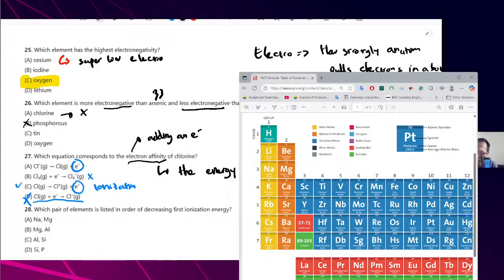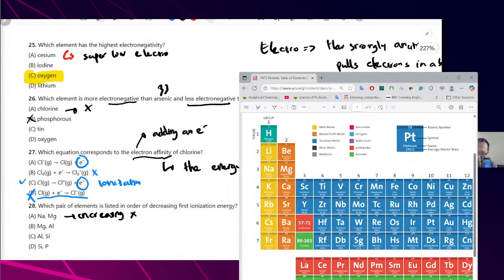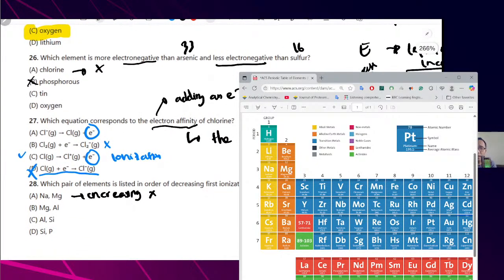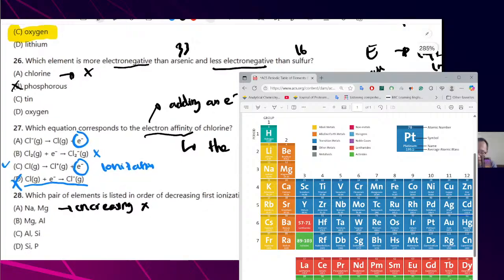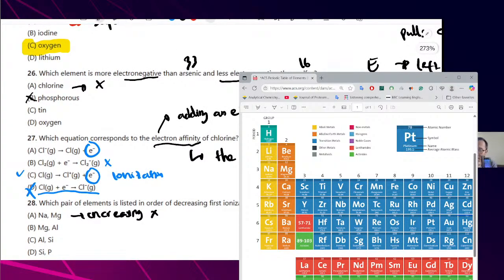Starting from sodium to magnesium, it will be increasing. The question asks which one is decreasing, so this one is incorrect, because we need the one that is decreasing, not increasing. How about magnesium and aluminum?